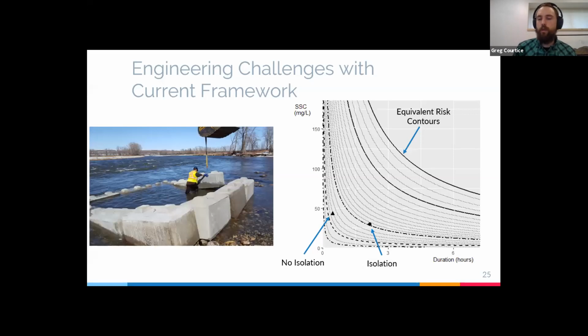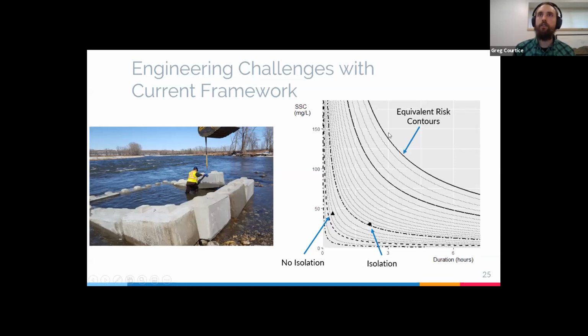And so what we did was we undertook some typical stream bed disruption type construction activities within an isolation, and then we did the same thing outside of an isolation. And the results of that I've presented here, where we have a plot with average concentration on the y-axis and duration on the x-axis.